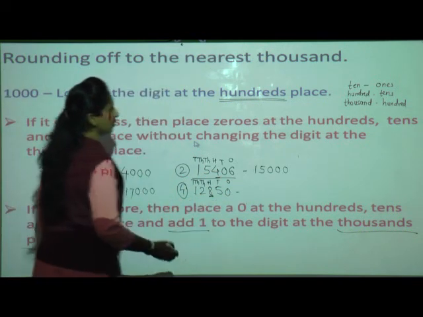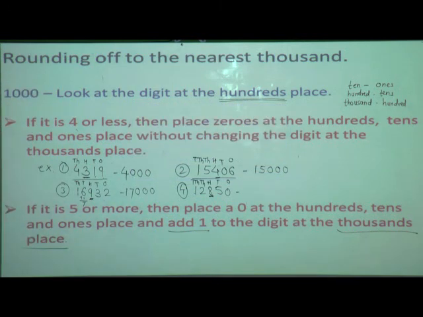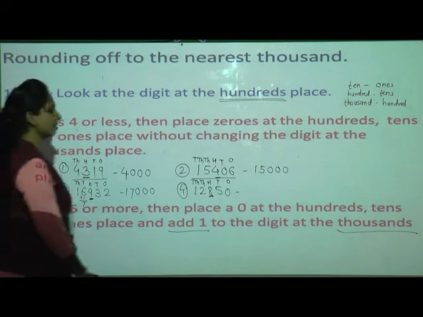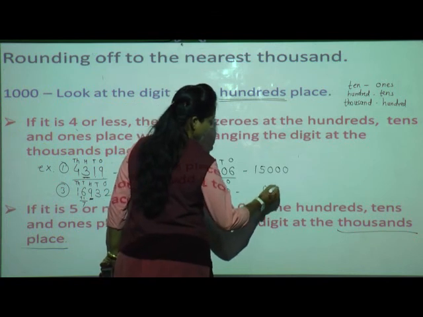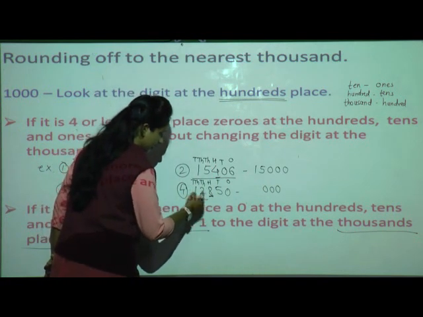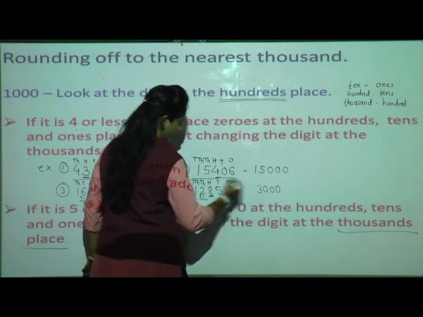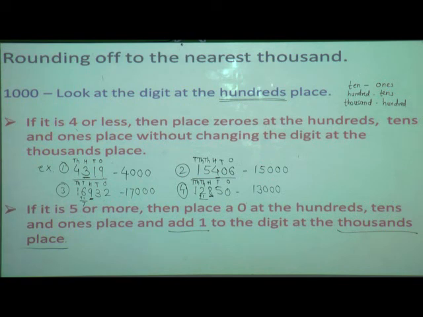What is there on hundreds place? 8 is there. If 5 or more than 5, then what you will do? We will place the zeros at 100, tens and ones place. Then we will add 1 to the thousands place. 2 plus 1, 3 and 1 as it is. Got it? Clear till here? Shall we move to the next? Yes.